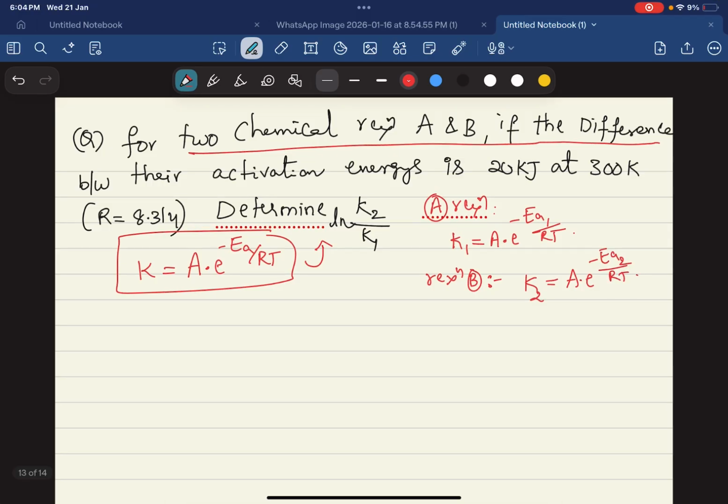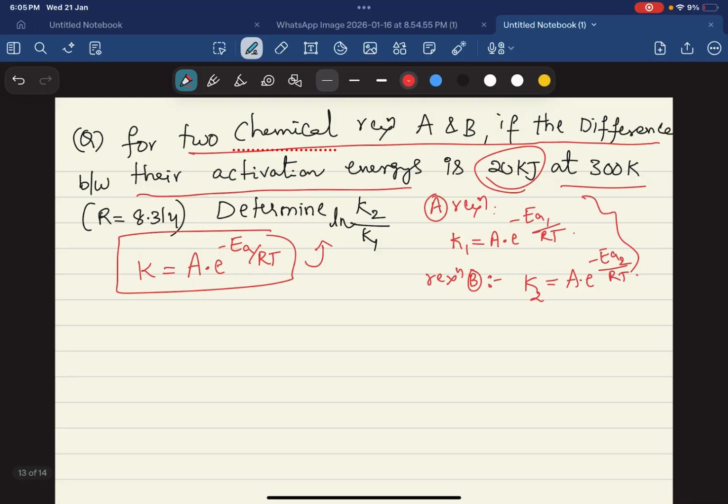So we have to take the ratio. Read the question: for two reactions, the difference between their activation energies is 20 kilojoules. That means we have to derive one equation which shows Ea2 minus Ea1. So first we have to get that equation through this derivation. This is also a standard model, at 300 kelvin. So later we have to determine ln K2 by K1.